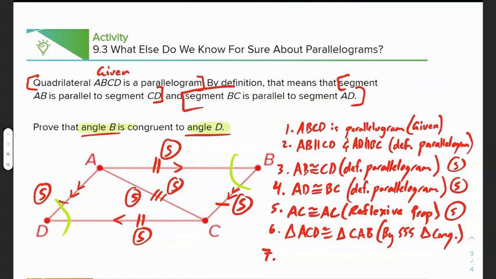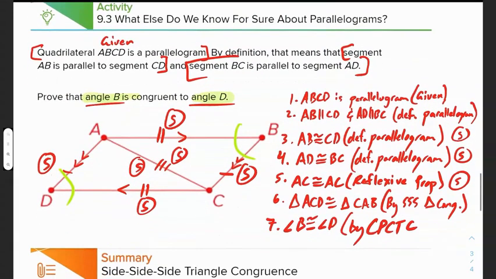They also are congruent, right? So angle B and angle D are congruent, right, by CPCTC, which remember that means corresponding parts of congruent triangles are congruent. Okay. And that is the end of our proof. All right, we just now proved it.